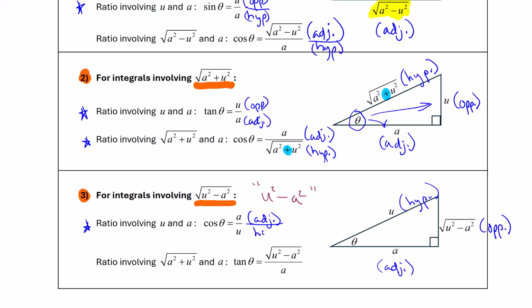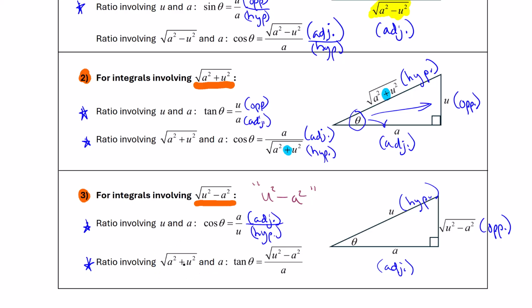In this case, the hypotenuse is u. So cosine theta equals a over u. And again, the goal right now is to make sure that this seems believable. It's going to take some practice to make it familiar and usable and easy enough to memorize and recall when needed.